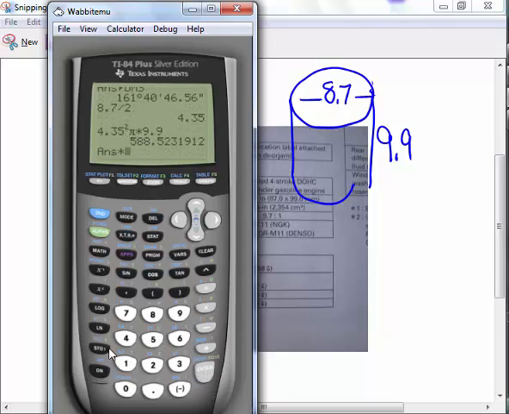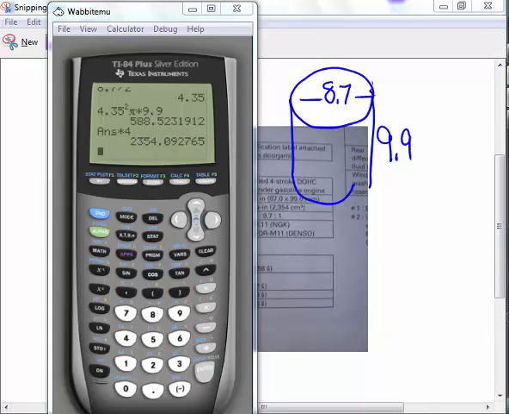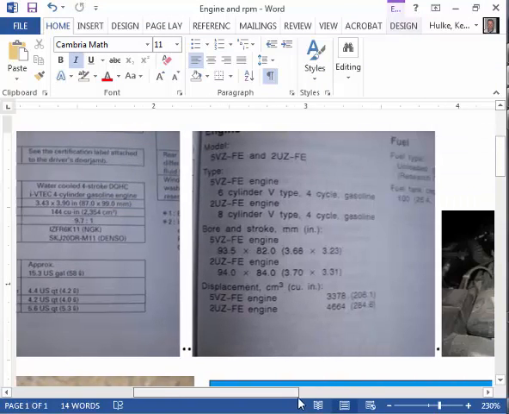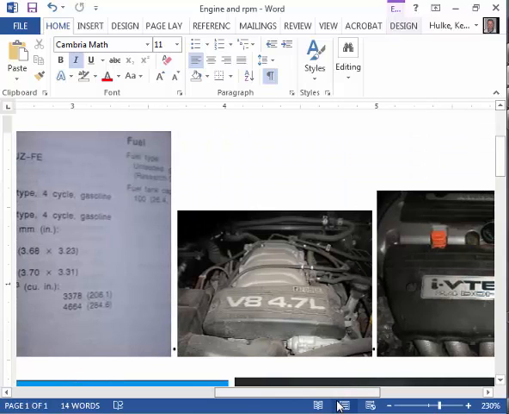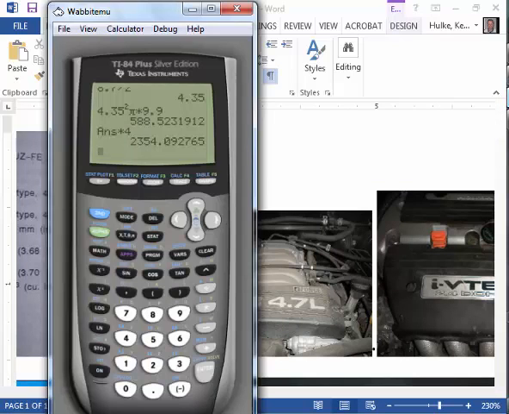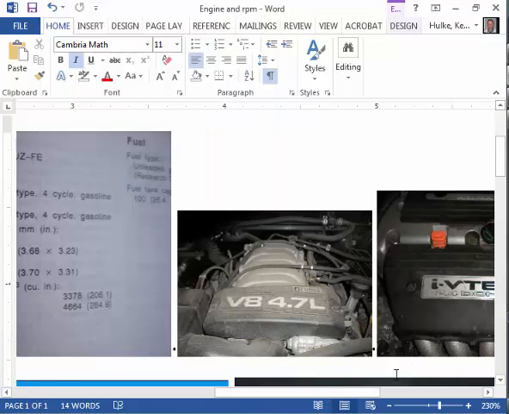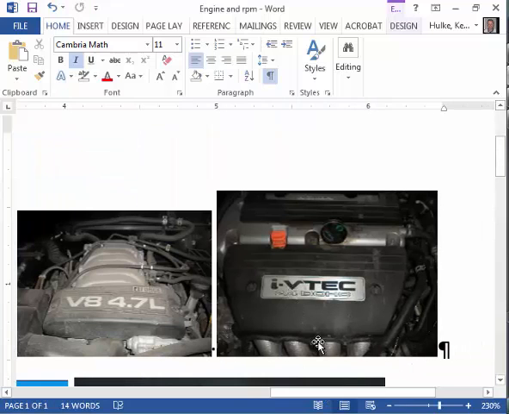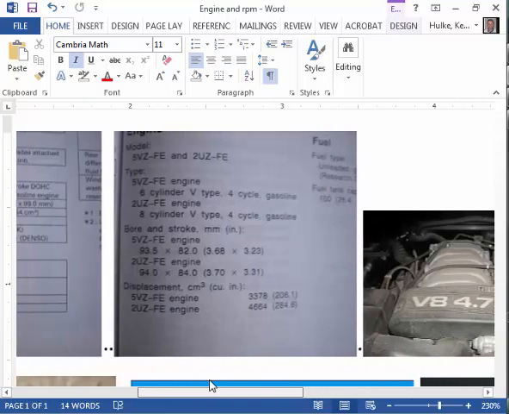Since it's 4 pistons, we're going to multiply that by 4, and we find it's 2.4 liters, which if you look at the sheet here, I have 4.7 liters. Is that what we said? Oh, I'm sorry, I was on the truck engine. 2.4 liters for the Honda engine.